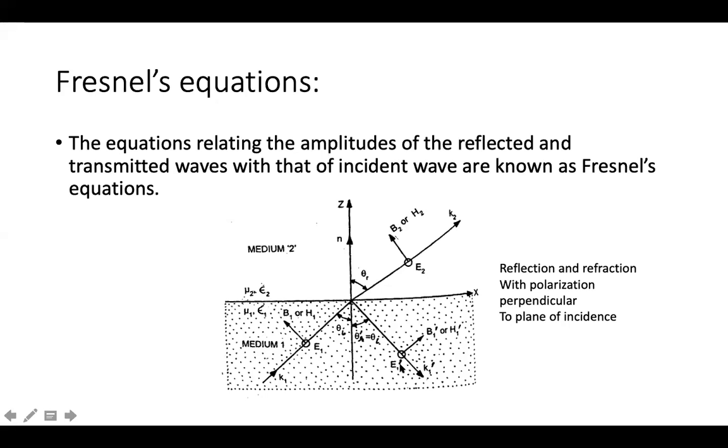So in the first medium, we have number 1, either prime or the simple one, and in the second medium, we have B2, H2. This is the same figure as we saw before, but here we are representing the magnetic field as well, not just the electric field. We'll consider this, and it depicts the reflection and refraction with polarization perpendicular to the plane of incidence.